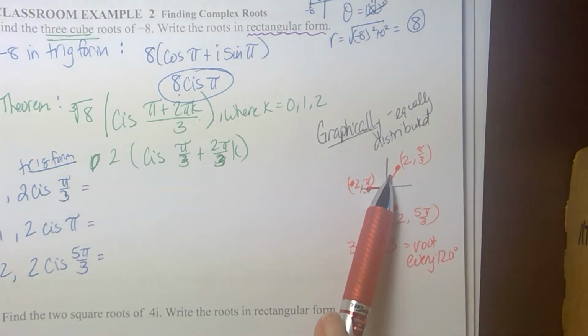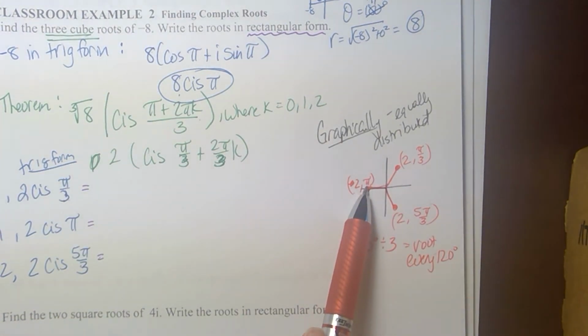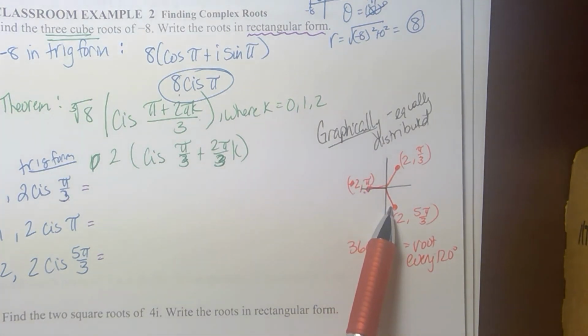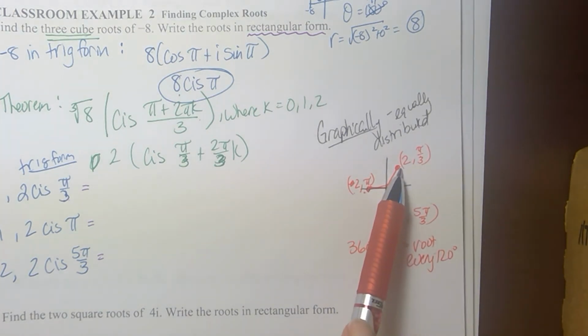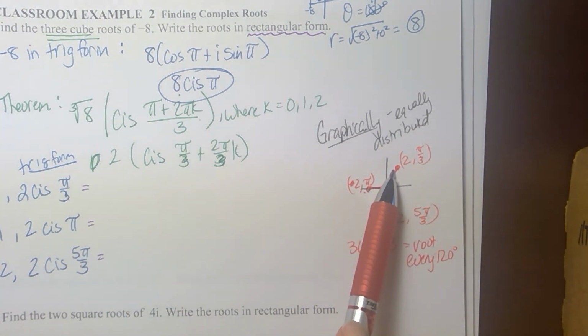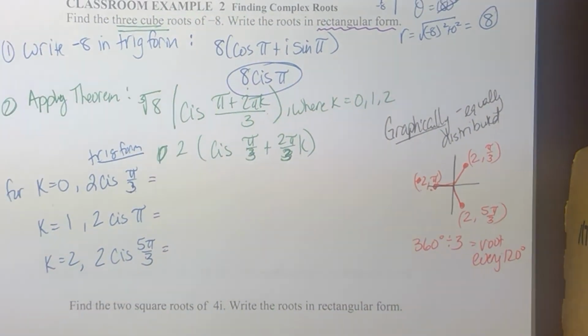The first root is at pi third. I rotate 2 pi thirds, which is 120 degrees, to get to the next root. I rotate 2 pi thirds, which is 120 degrees, to get to the next root. And I could just keep rotating 120 degrees each time and find another root, but they're not going to be distinct. They're going to be coterminal with one of those 3 roots.